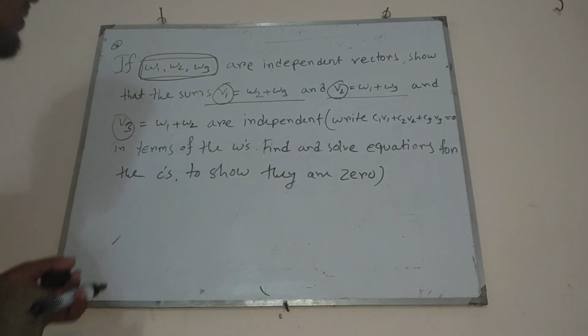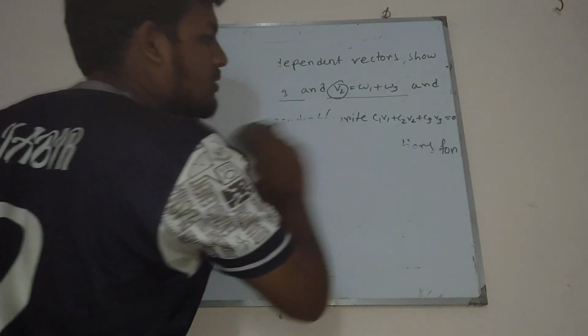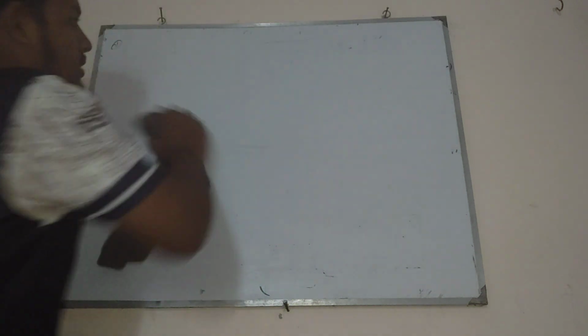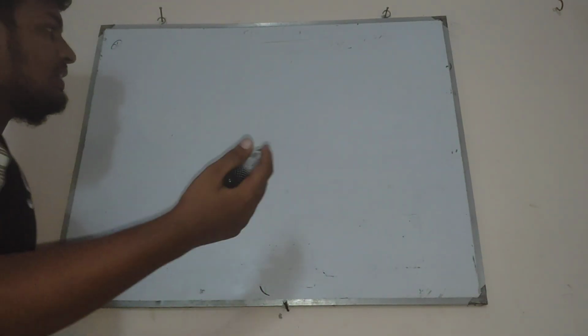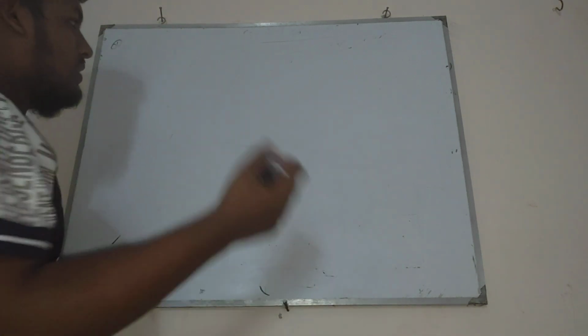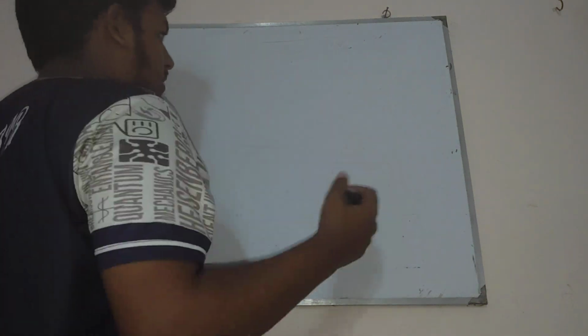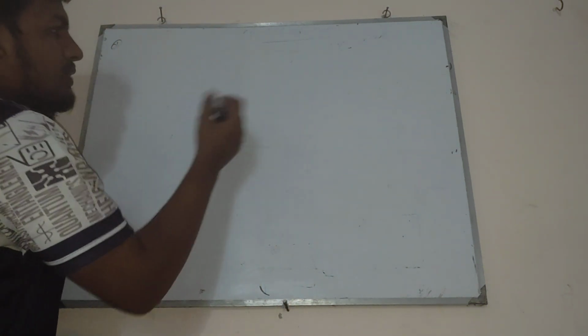So let's solve this problem. I'm cleaning the board to solve the problem. At first we will clear one concept of linear algebra: if some vectors are linearly independent, then they will fulfil this condition.